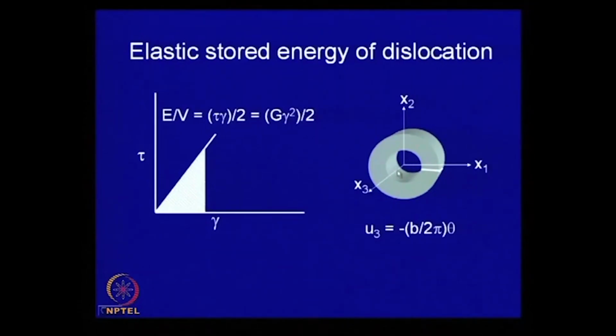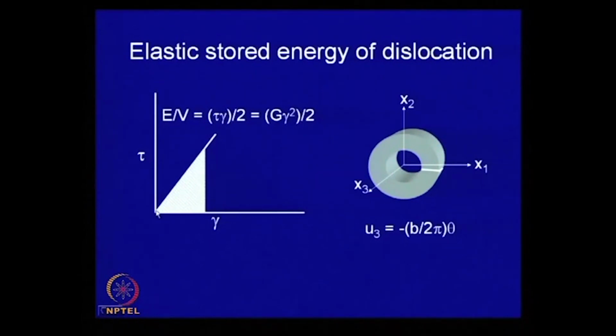So, it is a convenient way of assuming that you have a hollow core, where we do not know there will be a disturbed lattice structure, but the stress will be too high. Let the stress over here be equal to the theoretical strength of the crystal. With this assumption, it is possible to apply the theory of elasticity to calculate not only the stress field, but also the elastic stored energy of a dislocation.